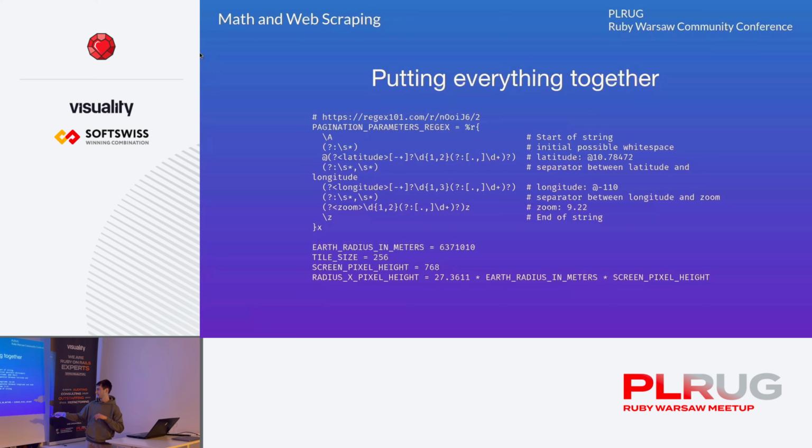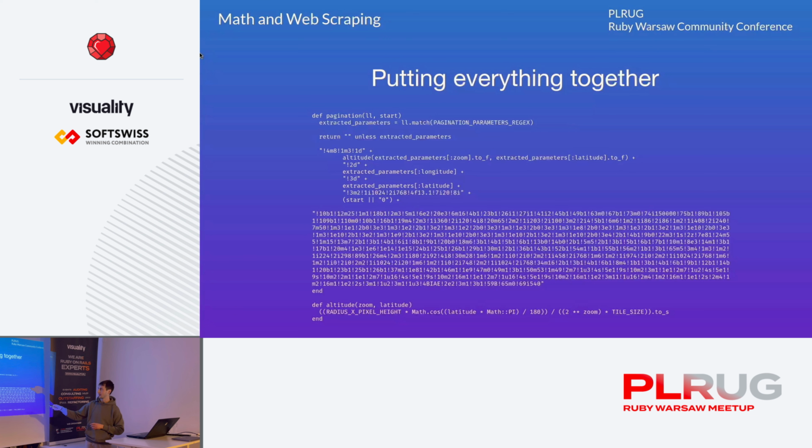So we extract it, then we define several constants that we found in the Google Maps JavaScript code. And then here is the function that generates the URL for Google Maps to fetch the data from a specific page, given the LL parameter, and start is a pagination offset.